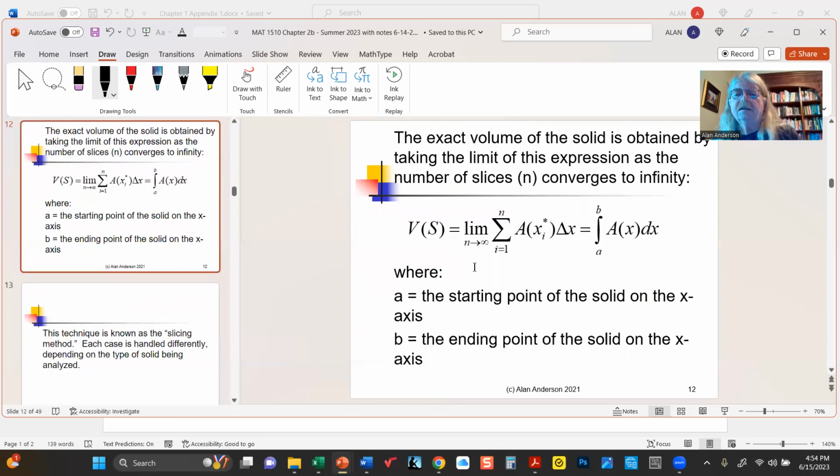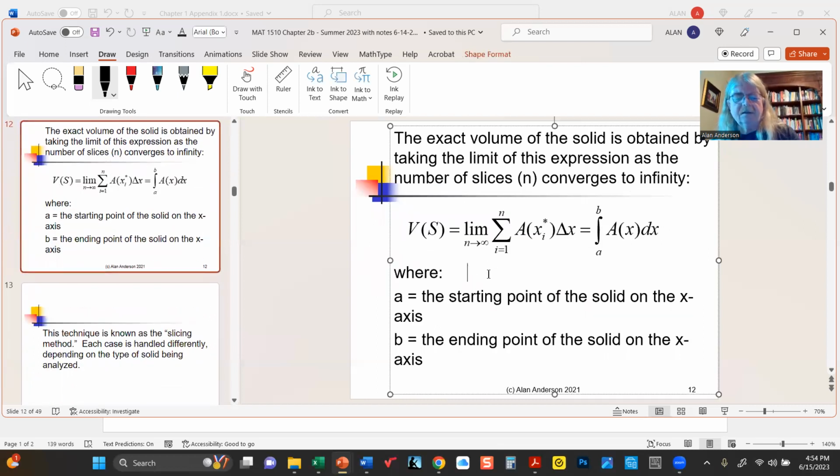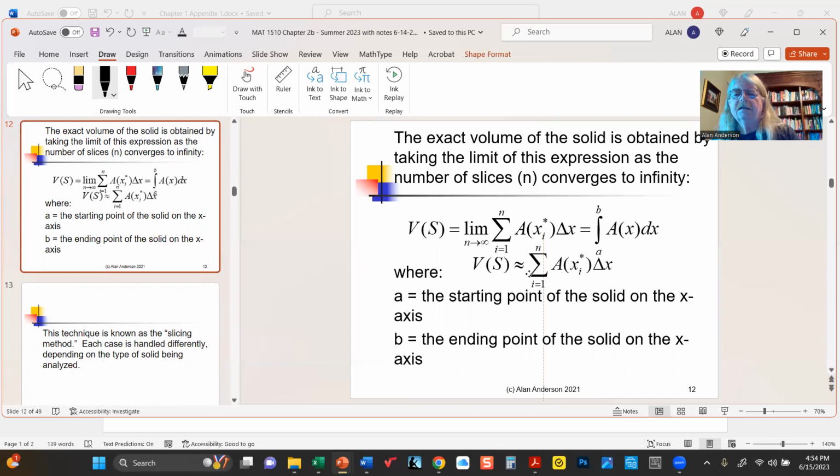All right, and there it is. This is the approximation, as you can probably guess, but the exact volume comes from taking the limit.